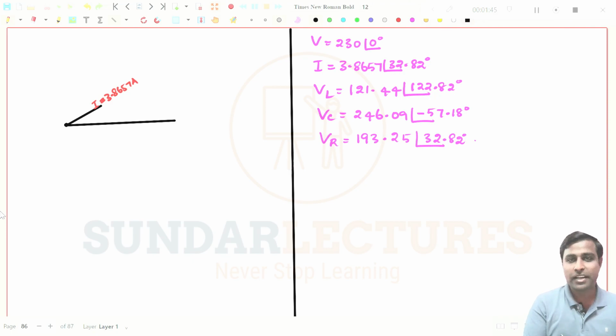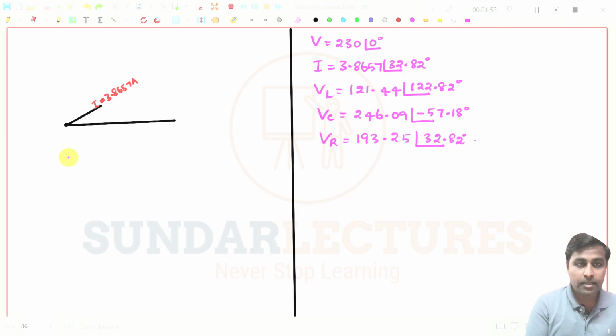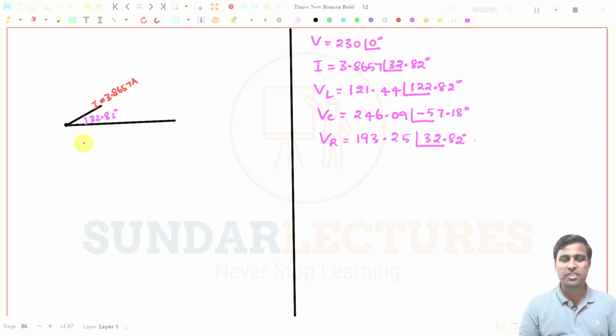This angle is nothing but 32.82 degree. It makes the diagram clumsy, that is why I have not written it. VR should be in phase with I, so we have to extend this one right now.